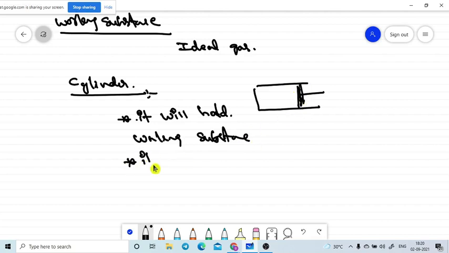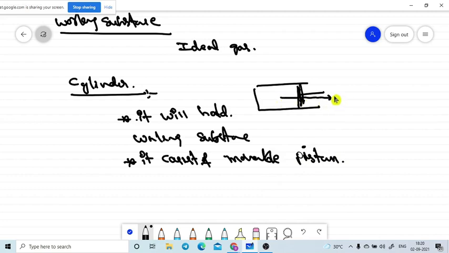If expansion occurs, the piston will move back. If compression occurs, the piston will be pushed inside the chamber. That is very, very important.